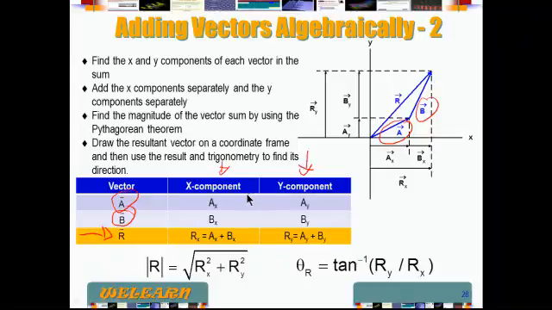So we find Ax, Ay, Bx, By. Find the sum, Rx and Ry. Then we can find the magnitude of R by doing the Pythagorean theorem. And we find the angle, the direction for R, by using the inverse tangent. That's the way we add vectors algebraically.